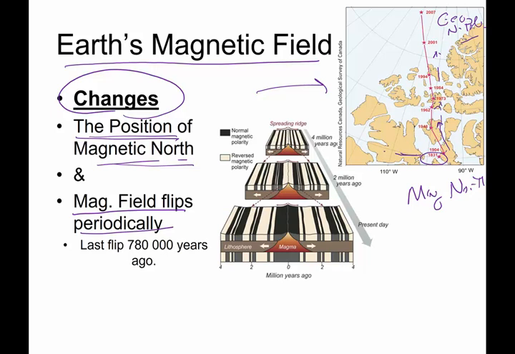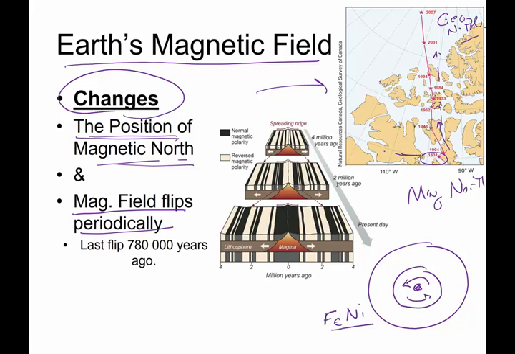Now, what's causing this change? Well, we think that the rotating fluid inside of the Earth's interior, the iron and nickel, does not rotate at exactly the same rate all the time. What makes this rotation rate change? It has to do with the fact that our planet doesn't rotate solidly.